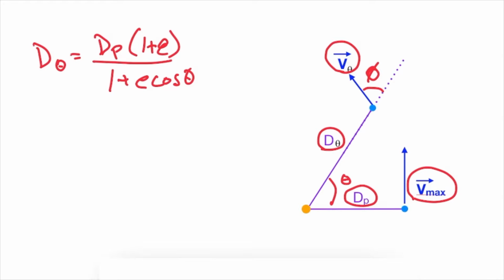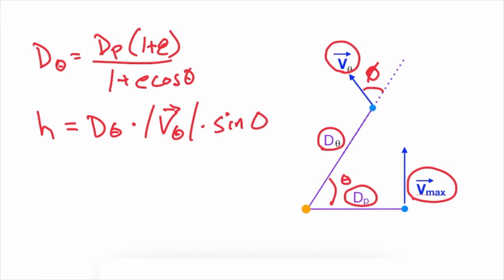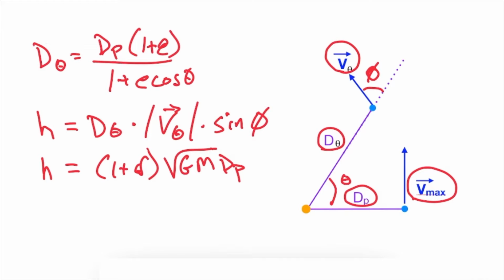Now, the one key to our approach will be the specific angular momentum, which equals d sub theta times magnitude of v sub theta times sine phi. And we're going to use the fact that we've already found that h in this particular orbit equals the quantity 1 plus delta times the square root of g m dp.